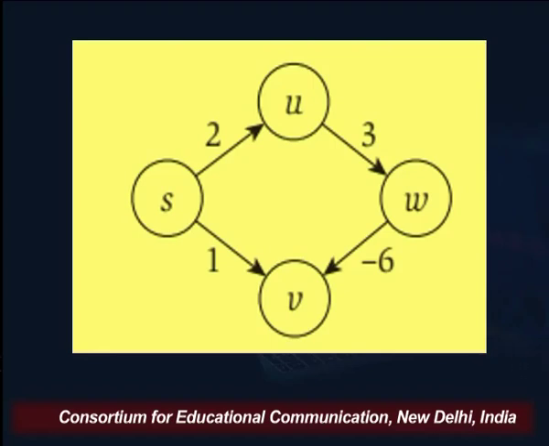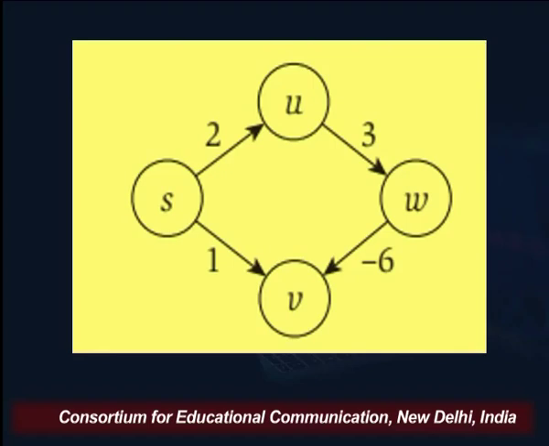Here, if you can see, we have vertices S, U, W and V. If we want to go from S to V, one path directly leads from S to V, that is a single edge, and the edge weight is 1.